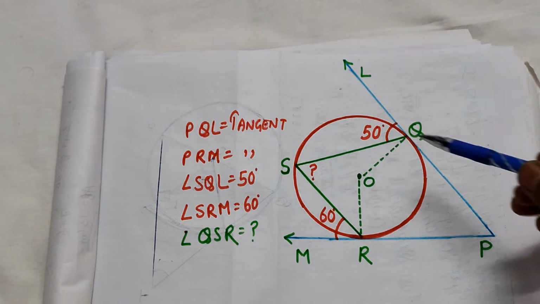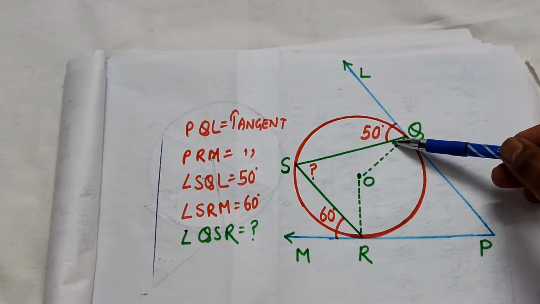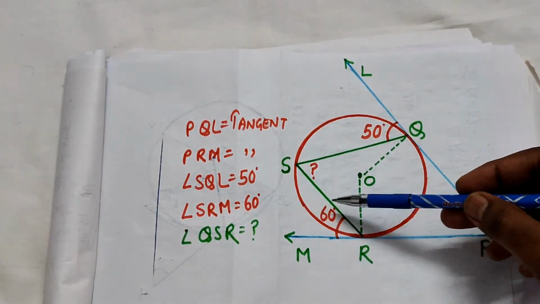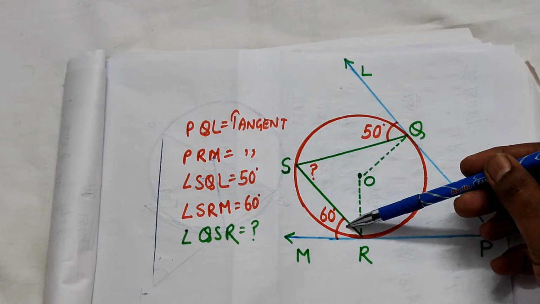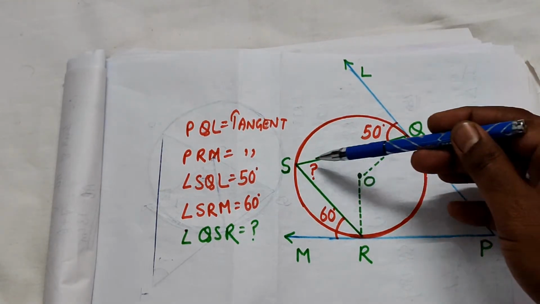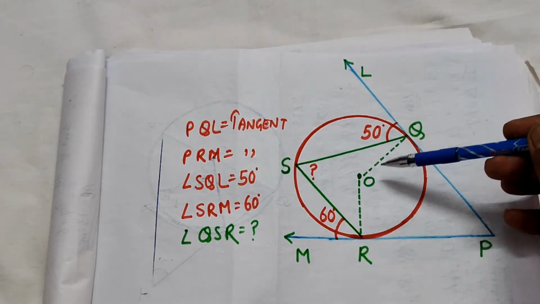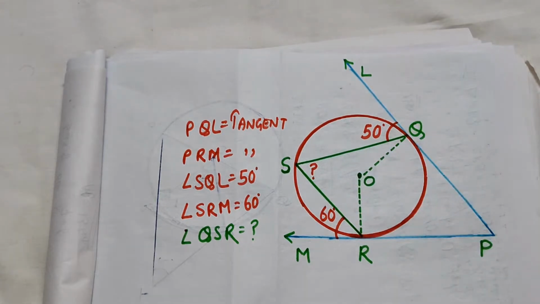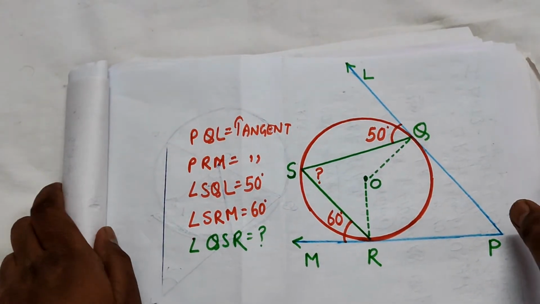And angle SQL is shown to you as 50 degrees, right? And angle SRM is also given to you, that is 60 degrees. We need to calculate the angle QSR, right? Angle QSR. So as per the data given in the question, let us solve it.